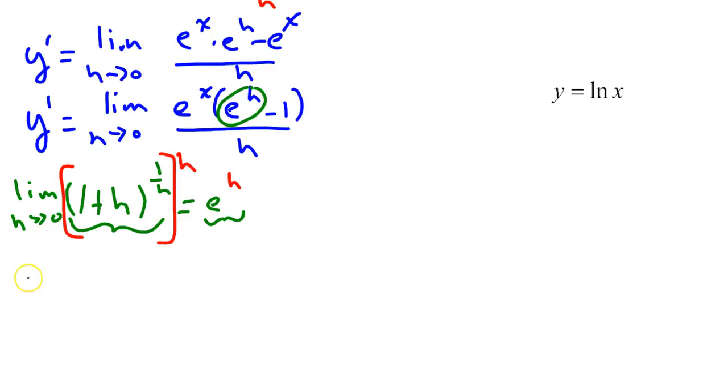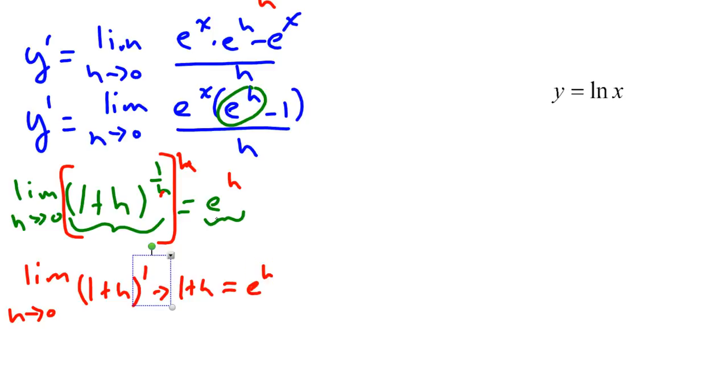Well, what that must mean is the limit as h approaches 0 of 1 plus h to the, well, wait a minute, don't you multiply exponents when you raise a power to a power? To the first power, or just 1 plus h, has to equal e to the h power, as h approaches 0, of course, right? Well, based off of that, here's what we can say. I can replace this e to the h up here with just 1 plus h.